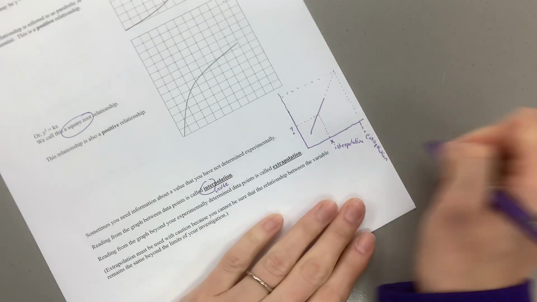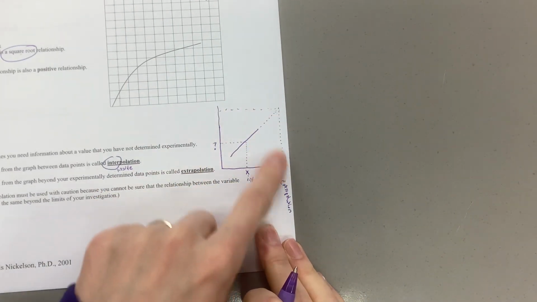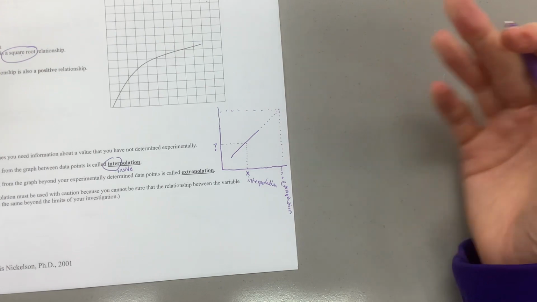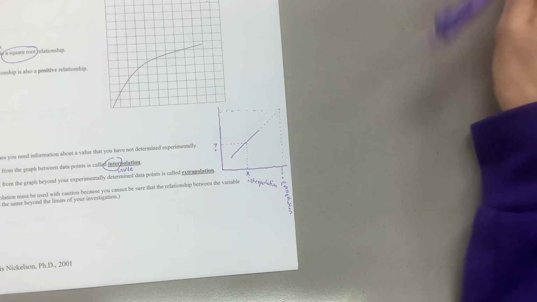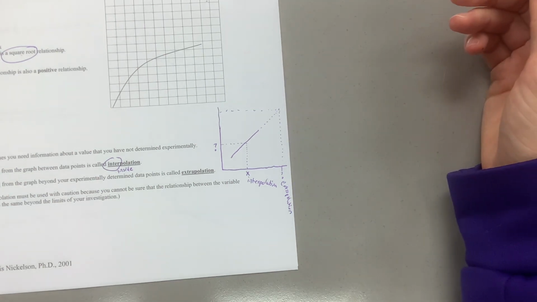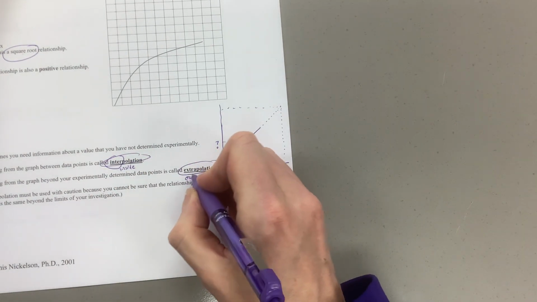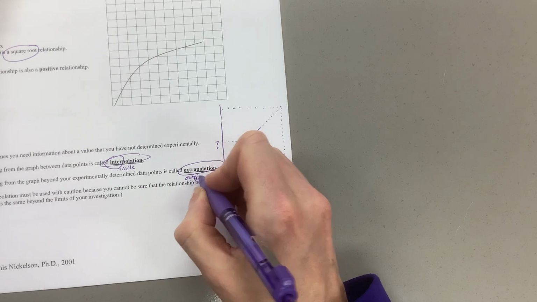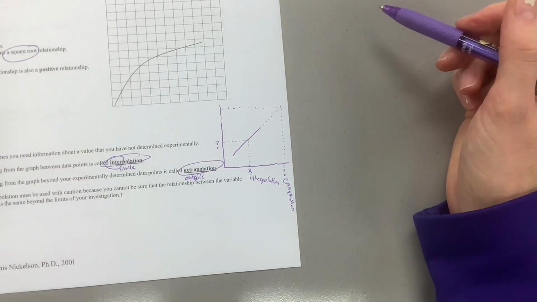So when I'm looking outside of my data, that's what I'm going to be looking at. So if I'm taking my small scale experiment and I'm expanding it to a larger scale to think about what's going to be happening, I'm using extrapolation. Okay, so those are the two words there. Extra, outside. Extraterrestrial is a word that comes from the same thing, okay? So those are two word parts there that can help you think about what those two things mean.